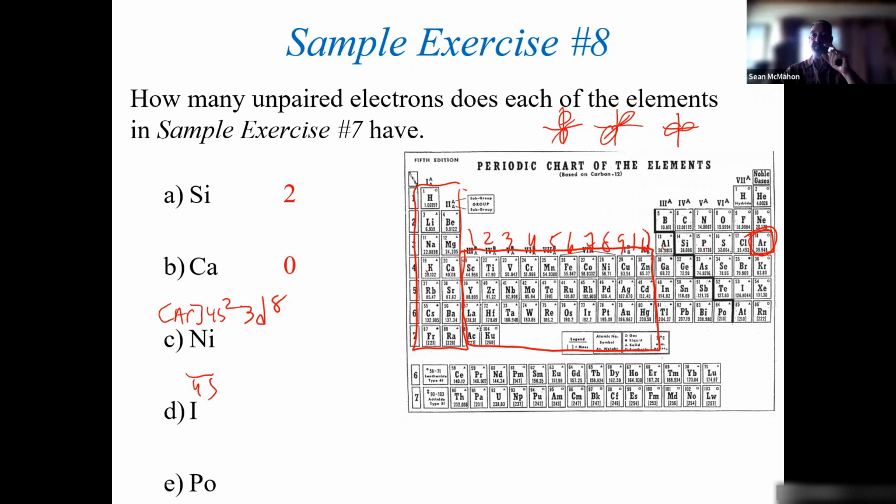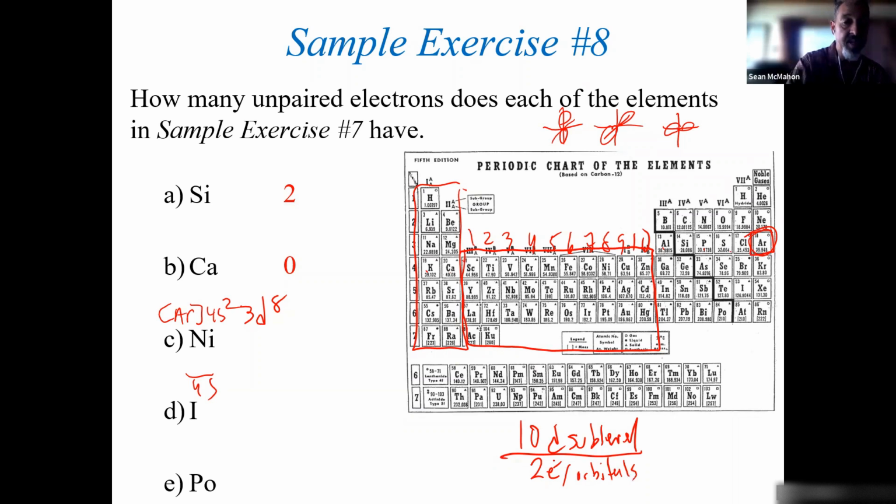So because there's 10 positions, that means 10 electrons can go in the d sublevel, but I can only have 2 electrons per orbital. So how many orbitals? 10 divided by 2, 5. So then for the d, I would go 1, 2, 3, 4, 5. And it's a d8.